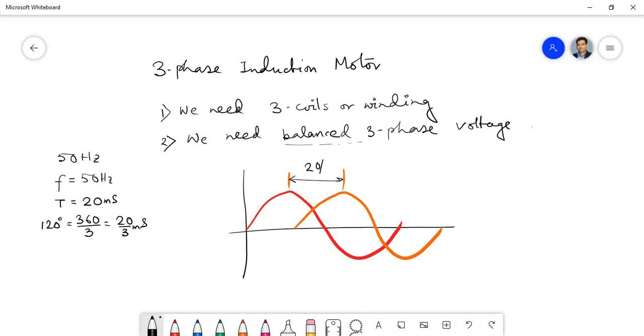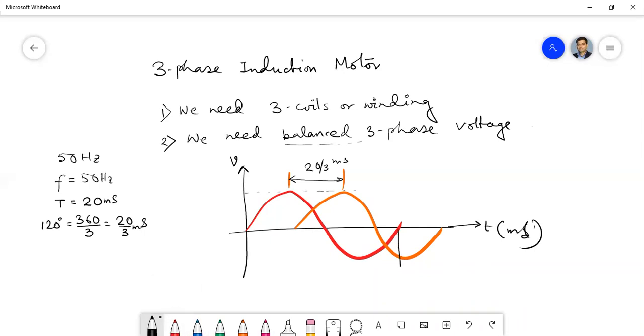Time is 20 by 3 millisecond. If I draw it in millisecond, this is the voltage, and this is the maximum amplitude, which should be equal for a balanced supply.